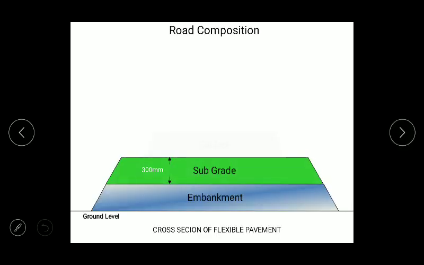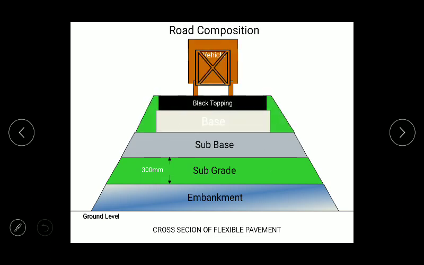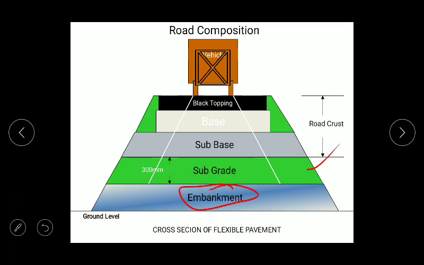In this cross section you can see the lowermost layer is the subgrade. Below the subgrade we provide an embankment. Why do we need to provide an embankment? Whenever the pavement has to be constructed or raised above the existing ground level, an embankment has to be constructed.